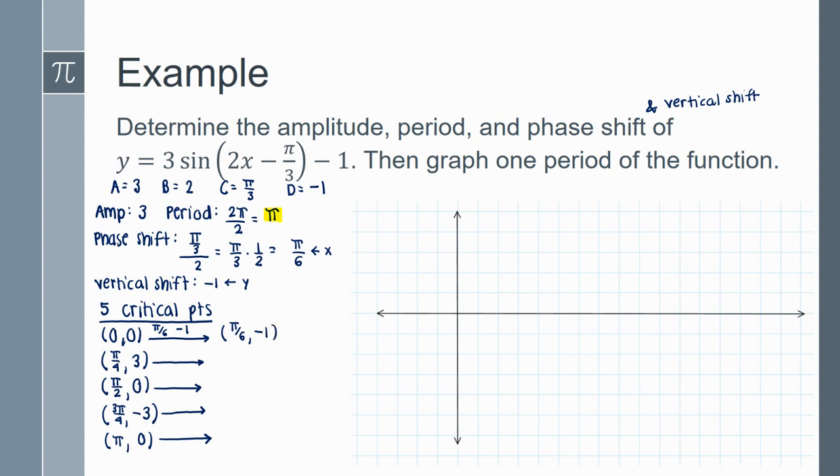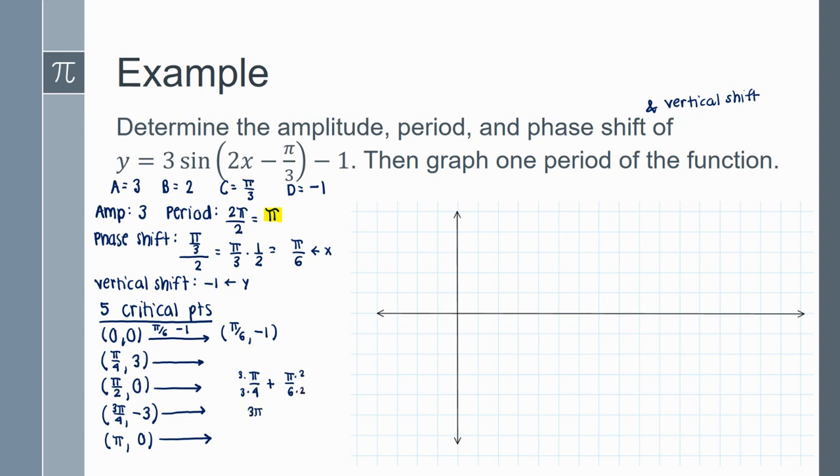And 0 minus 1 is -1. So that ordered pair isn't bad. But now, once again, notice how we have different denominators. We have a pi over 4 and a pi over 6. So we have to find a common denominator for both of those. Okay, so I'm going to have to erase this. But pi over 4 plus pi over 6. What's the first number that they both have in common? 12. So I'm going to multiply this fraction by 3 on both the top and the bottom, and this one by 2.